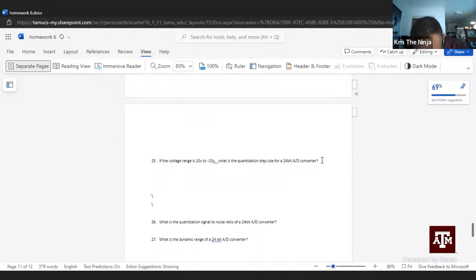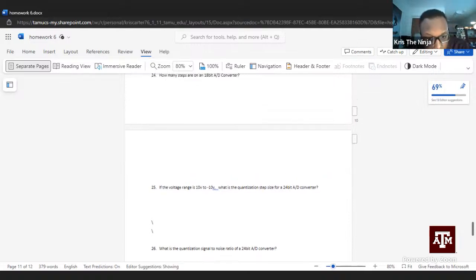Get the voltage range. The voltage range is 10 volts to minus 10 volts. What is the quantization step size for a 24-bit A to D converter? Oh my goodness, I almost keep dropping my iPad and it terrifies me every time it starts to fall. So to find the quantization, you have E equals the voltage divided by 2 to the n.